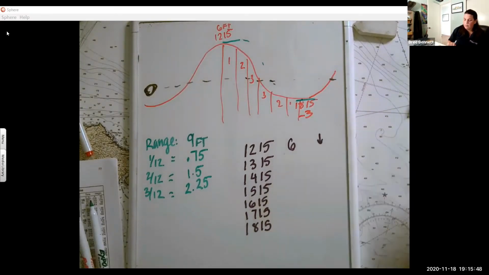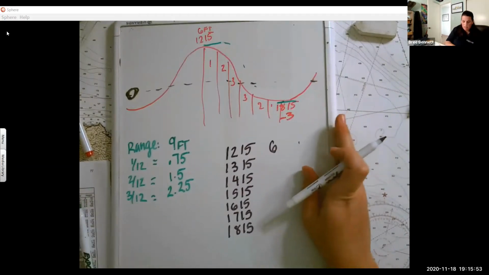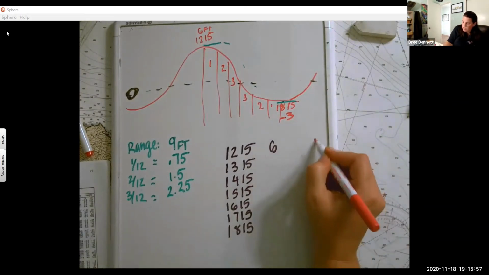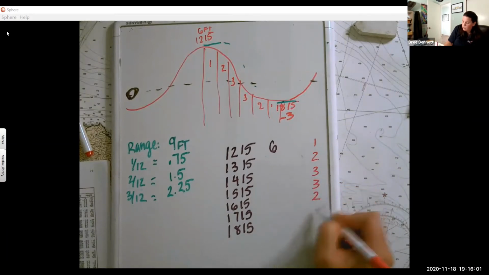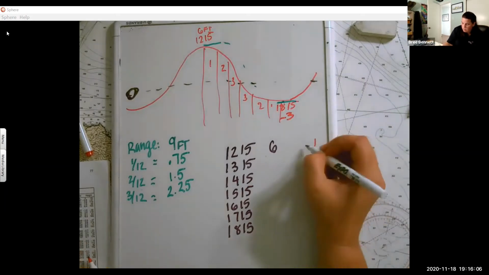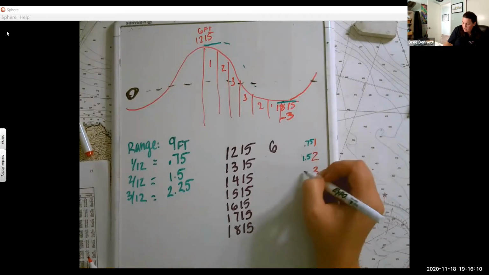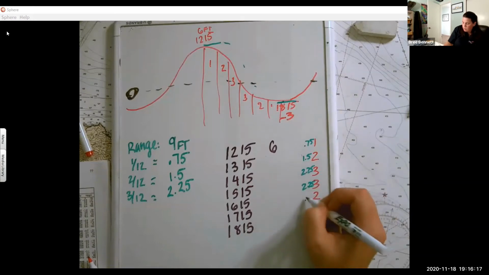I know it's going down. The first hour, put it next to it here. We have 1, 2, 3, 3, 2, 1. So that means 1 is 0.75, 1.5, 2.25, 2.25, 1.5, and 0.75.